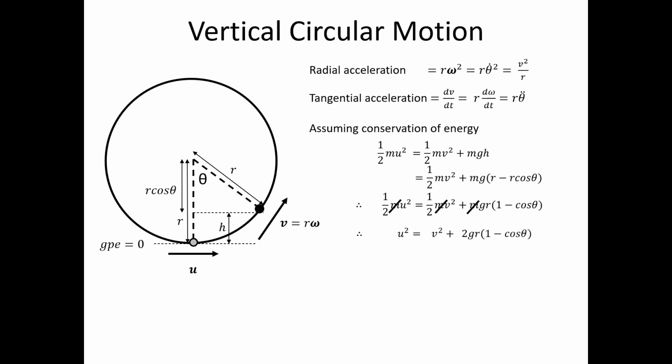It's probably more useful to have an equation for v squared, because in general, we know what velocity we gave the particle at the start, so that is a more useful form of the equation. We can now calculate the speed of the particle at any point using this formula, provided we're measuring angles from a vertical downward radius.